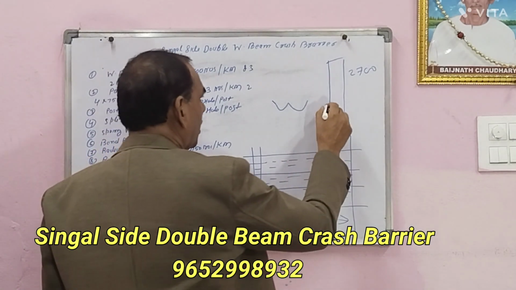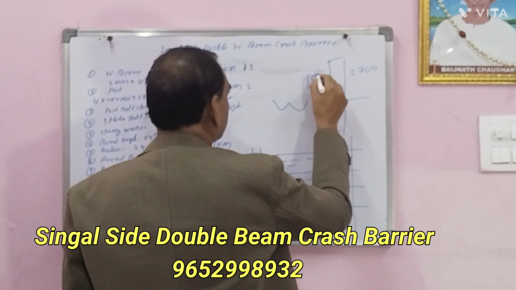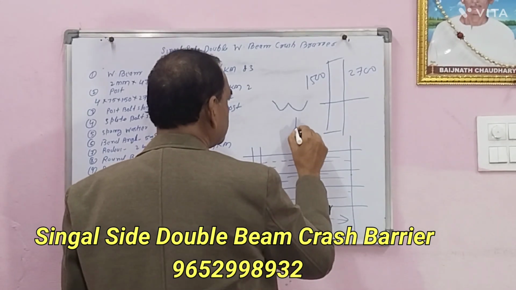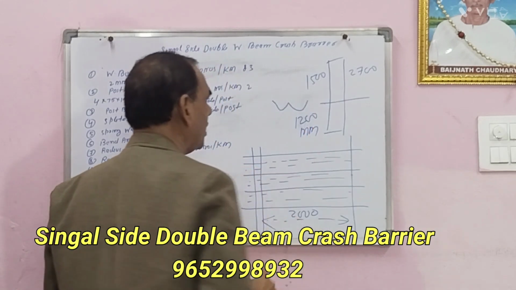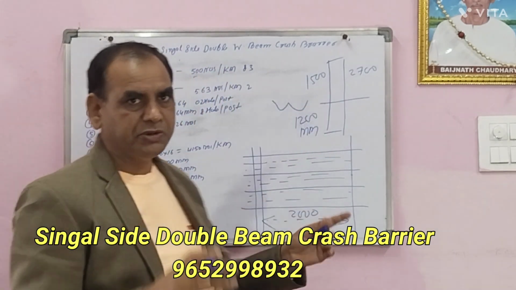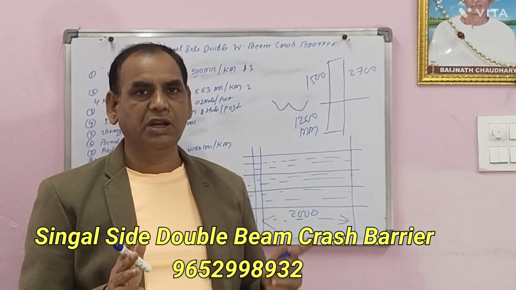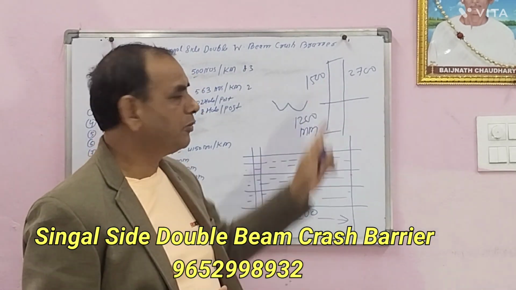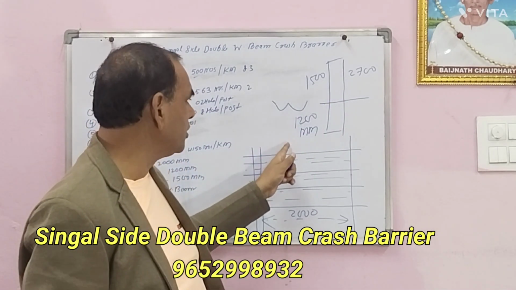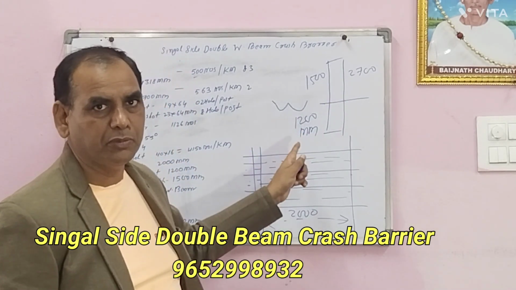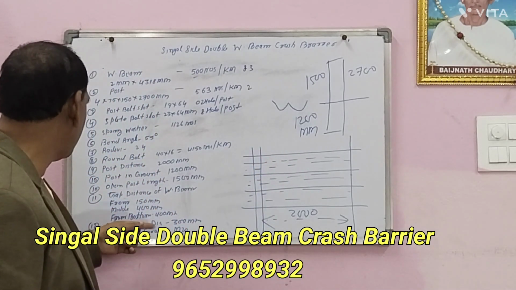So the open area is 1500 mm, and inside the grounding 1200 mm will go. Understand? The post is 2700 mm, the open area is 1500 mm, and inside the grounding will go 1200 mm.